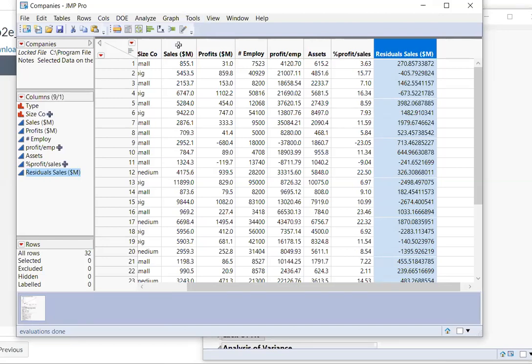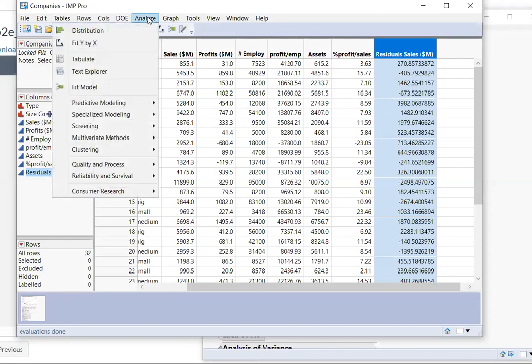So next, I wanted to show you. That was for normality, right? The next is checking for similar variances or equal variances, and the other one was checking for independence of residuals.